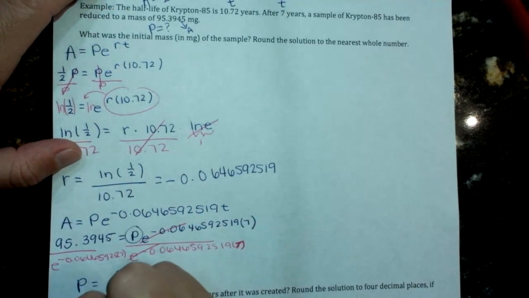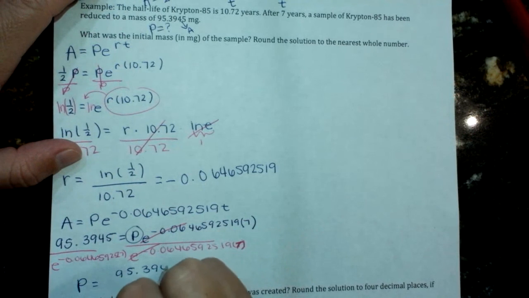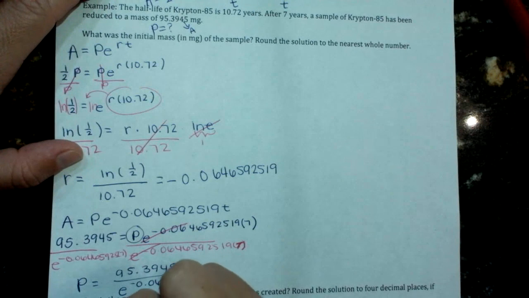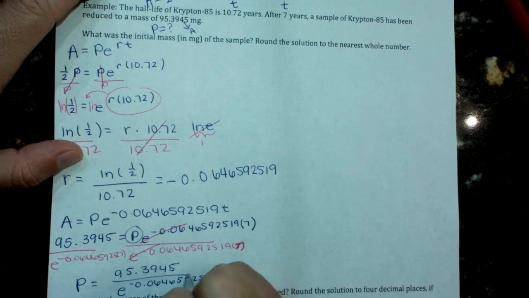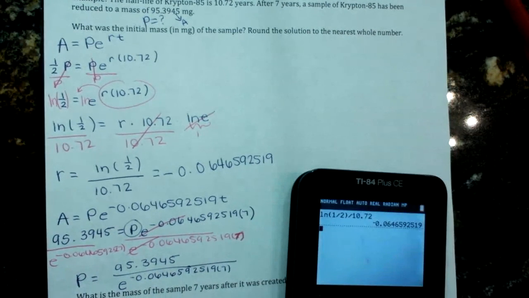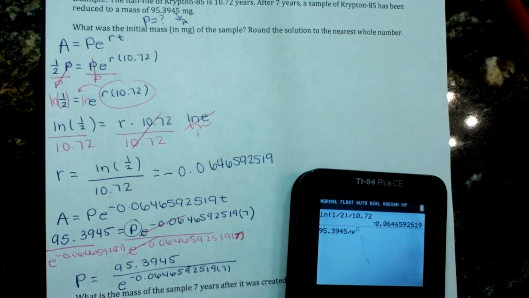So P equals 95.3945 all over e to the negative 0.0646592519 times 7. Super ugly. I agree, but we're doing it. So 95.3945 divided by second ln, which will give us e to the power of... You want to know a little trick?